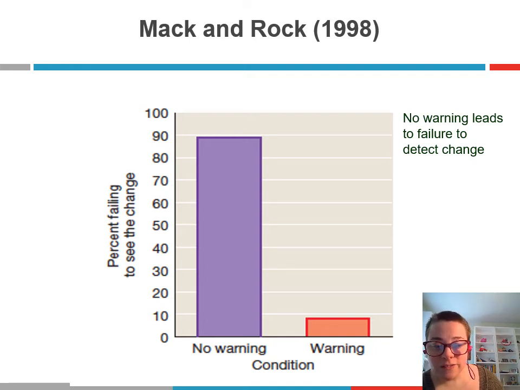But without some kind of warning beforehand, less than 10% of participants were able to notice that change, right? So it's, again, a fairly obvious change that is very perceptible or very visible, but when engaged in this presumably very easy task, participants were not able to notice it, okay? So that's our first demonstration of what's called inattentional blindness.